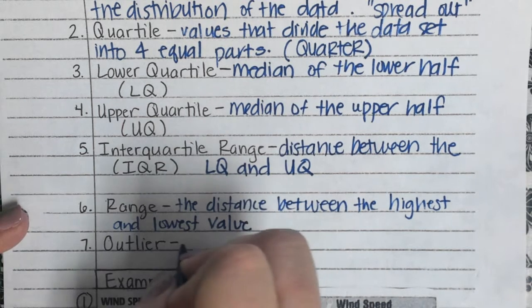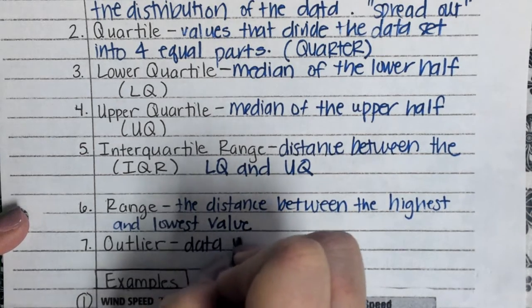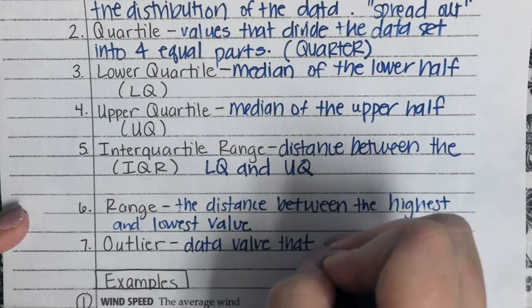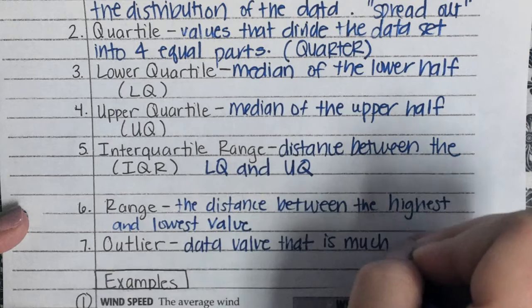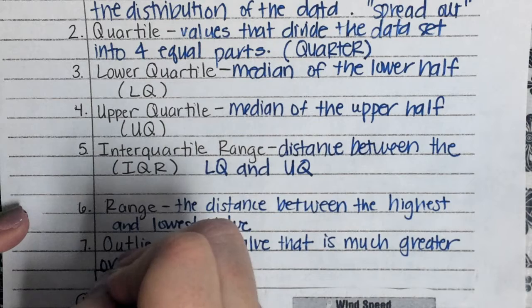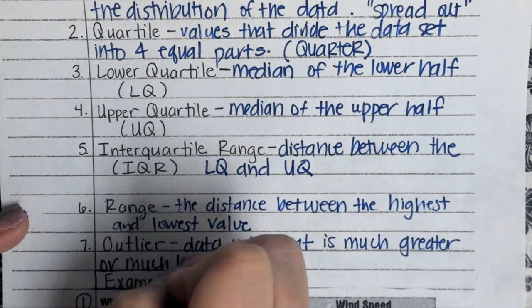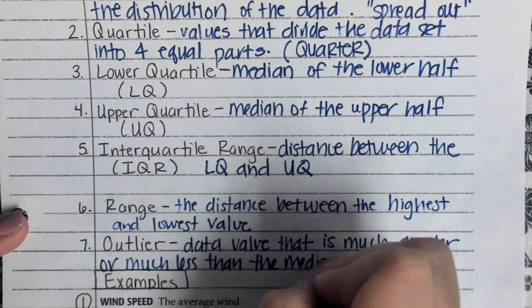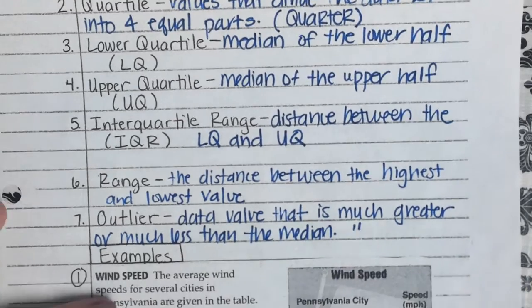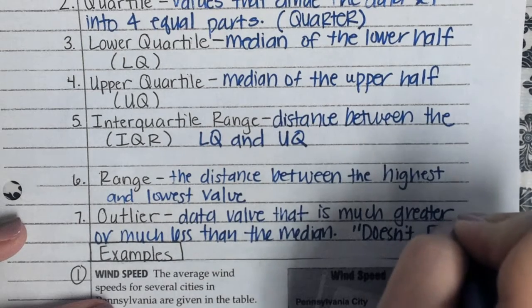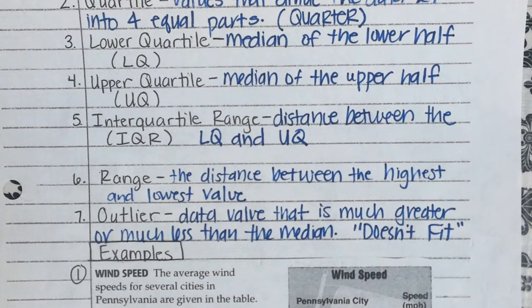Let's translate this into our own words, and I'm going to say it doesn't fit. So when we look for the outlier, we're going to look for something that doesn't fit.